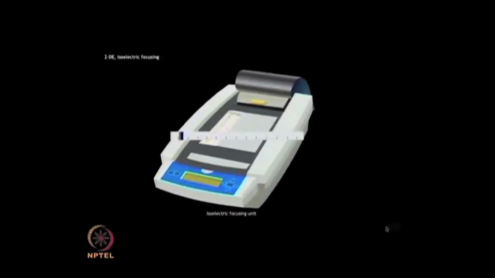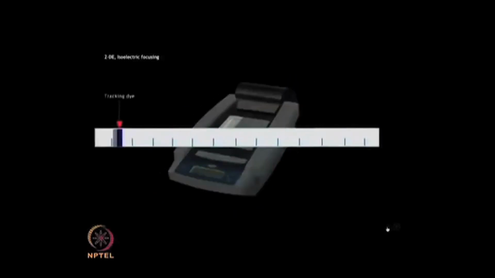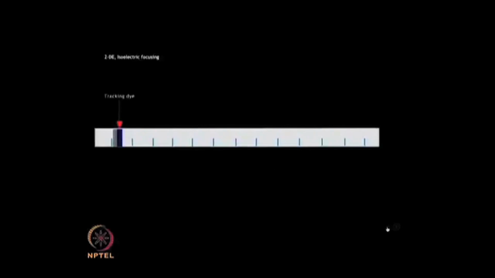These loaded strips are then focused on an isoelectric focusing unit by passing the current. The various proteins of the sample mixture migrate in the electric field and come to rest when the pH is equal to their isoelectric point, or pI. So they become neutral and are no longer affected by the electric field.